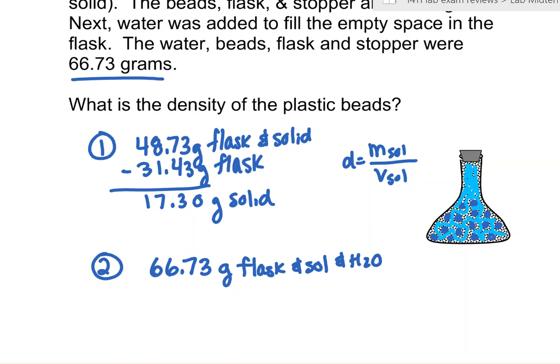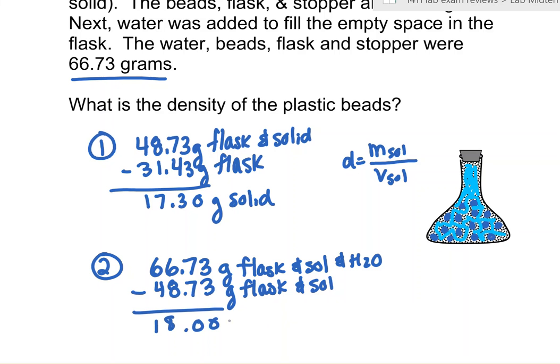Okay. So next we can figure out how much water fit. We were given the mass of the whole thing, and we're going to subtract the mass of the flask and solid. Oops, that's a 0.